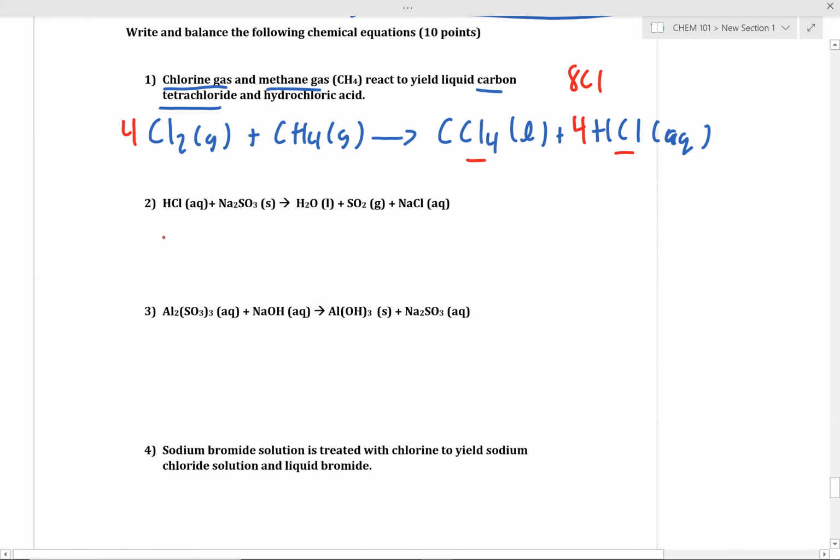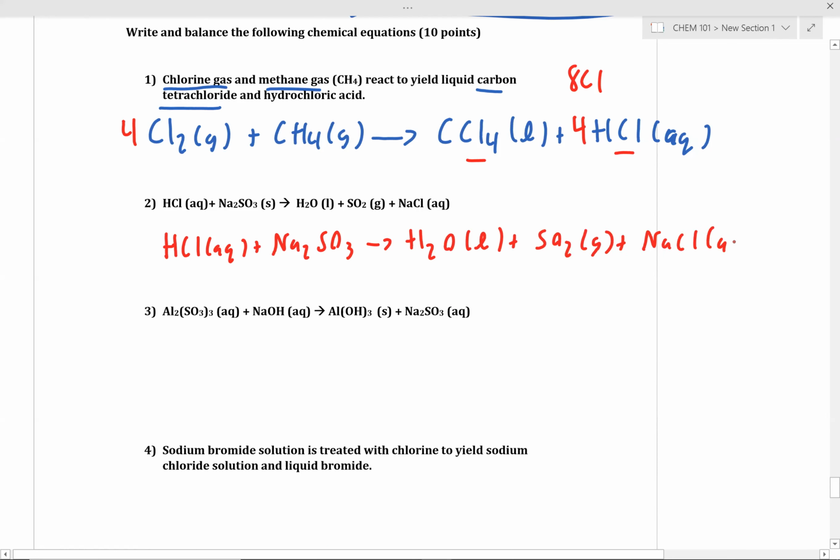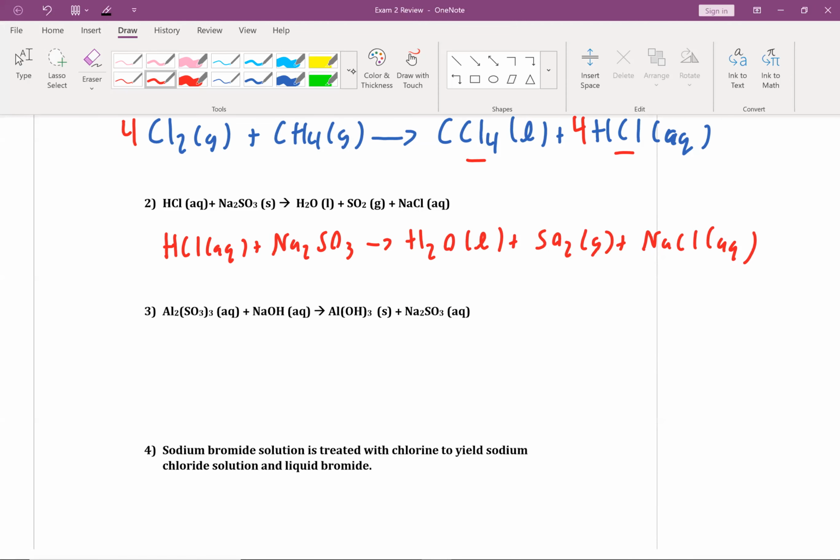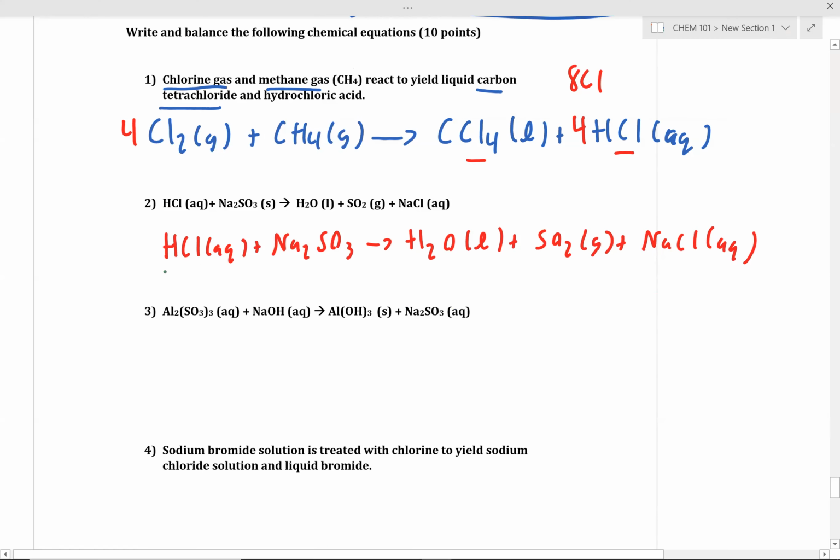Let's look at this next equation. So we have HCl aqueous plus sodium sulfite leads to H2O liquid plus SO2 gas plus NaCl aqueous. Now it's really important that you don't get bogged down too much in these equations. So look, comparing our left and right hand side, what element is found in different amounts in each side?